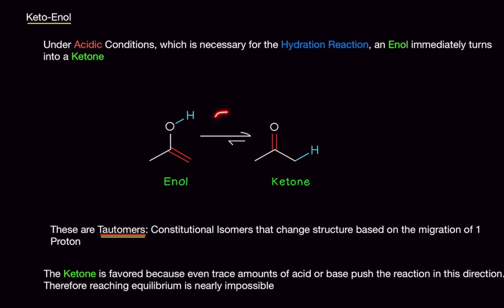You'll also notice the equilibrium lies for the ketone. This is always usually the case. The reason is that even a trace amount of acid or base will push it towards the ketone. Now, when you do this reaction in real life, in an organic chemistry lab, you have beakers.